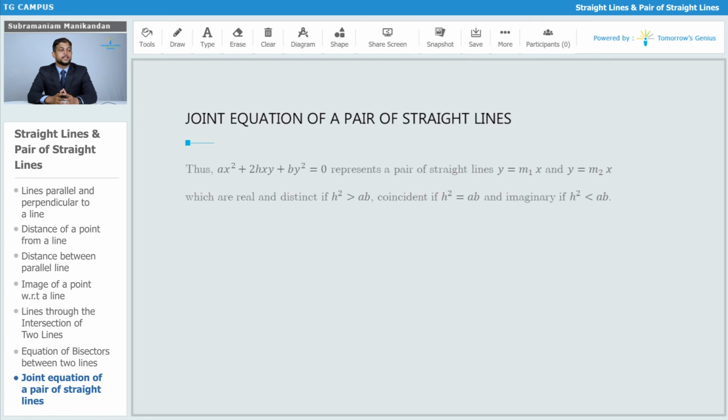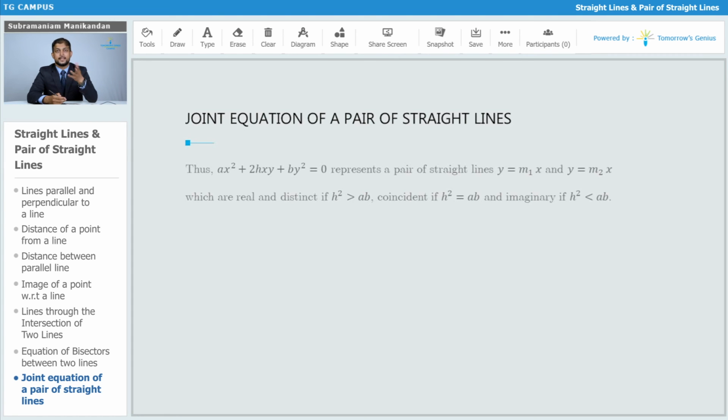As you can see, they form a quadratic with h square minus ab as the discriminant, and that is how you get h square greater than ab, which gives us two different values for the slope, which indicates two different lines. And if h square equals ab, then the discriminant equals 0, and that gives us exactly one slope, which means that the two lines which are being discussed are essentially the same line. That is, the lines are coincident.